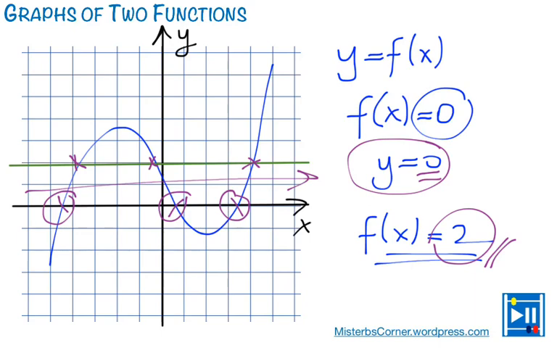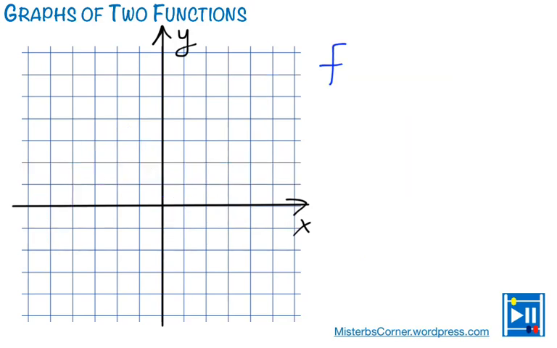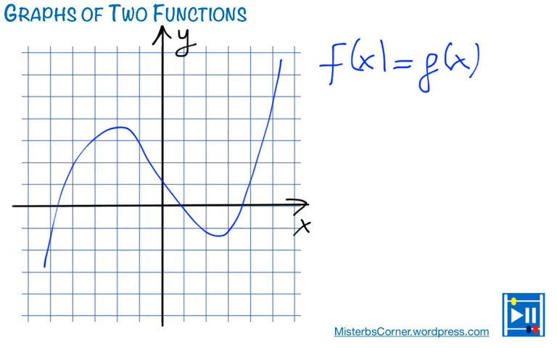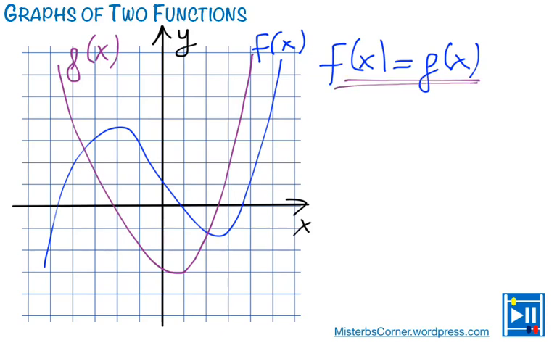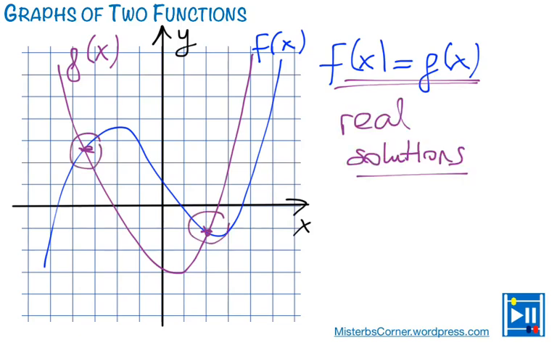We can also write another function there. So basically, we can go like f of x equals g of x, where let's say f of x is this graph, this function, and g of x is, let's say, a quadratic. So this is g of x. If I write this equation, then the intersection points of these two graphs will be my real solutions.